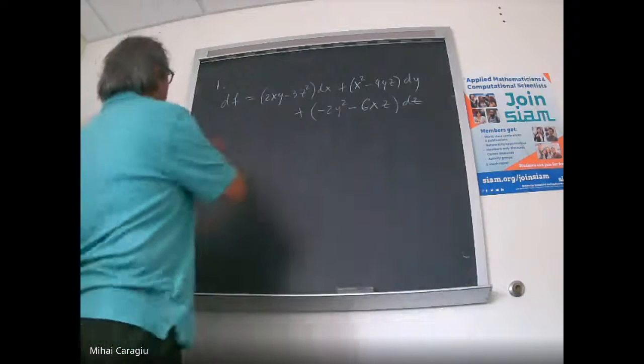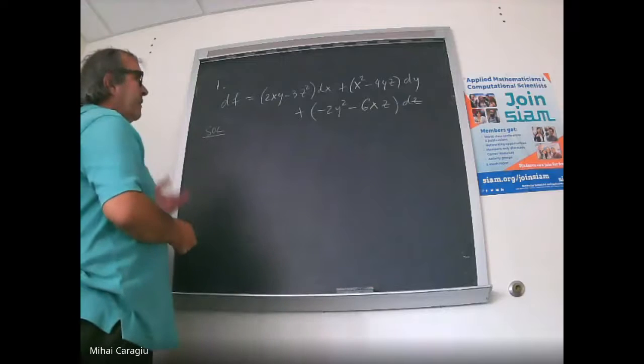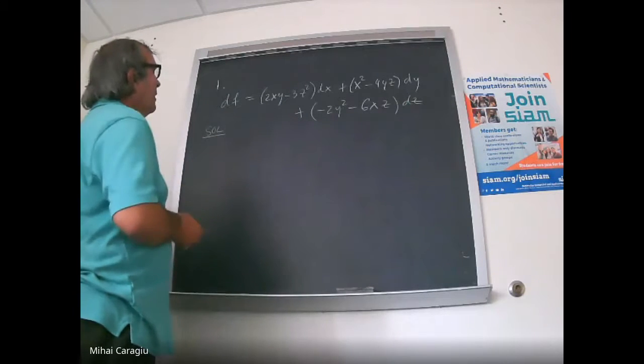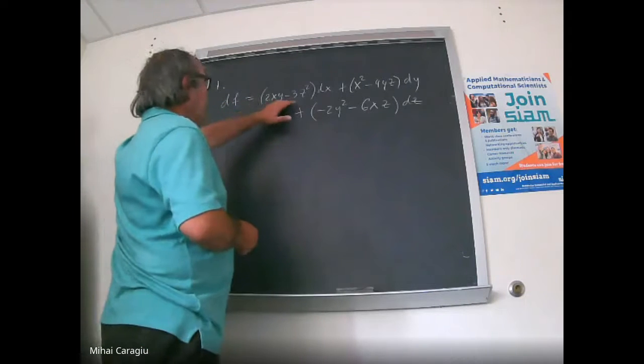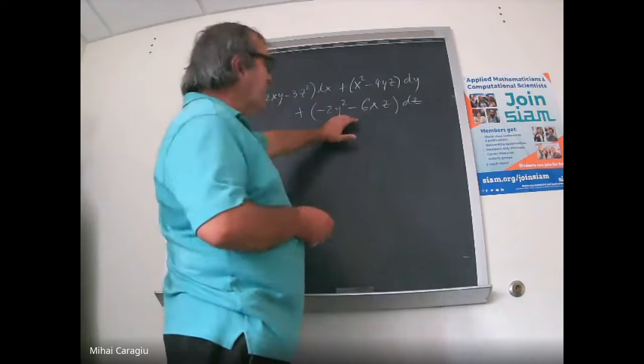So let's see the solution of this problem. All those problems are very similar. The solutions are pretty automatic. The differential is the partial derivative with respect to x dx, partial derivative with respect to y dy, partial derivative with respect to z dz.